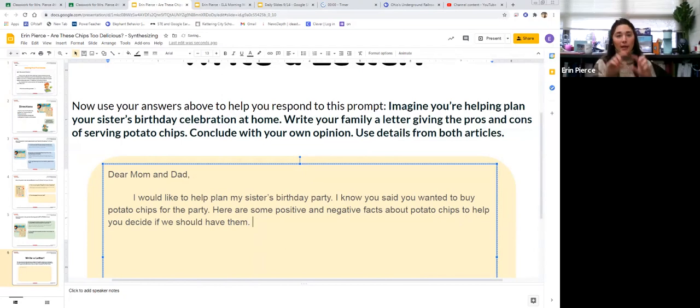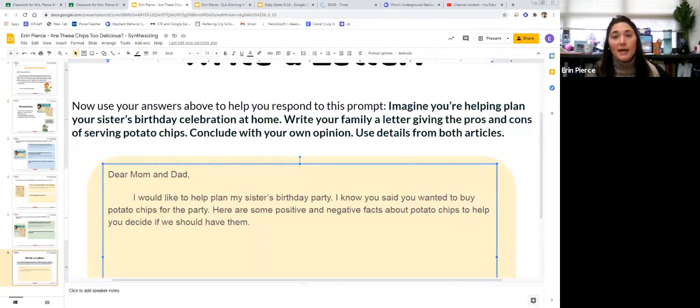Then I might give a sentence with my positive facts about potato chips. Then I might give the negative aspects of the potato chips. Then after those two sentences, I need to have a sentence saying, because of those reasons, I don't think you should buy potato chips for the party. I think we should have fruits and vegetables.